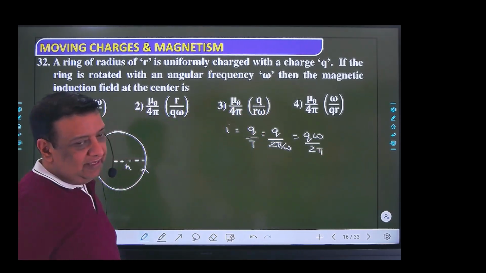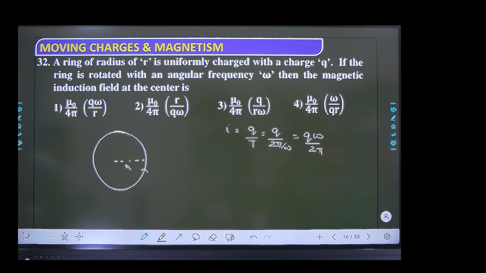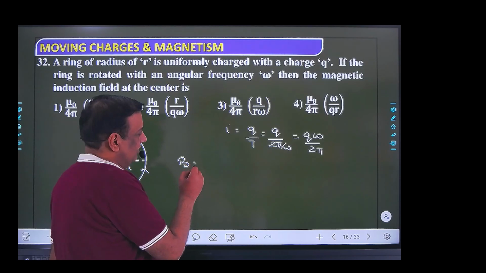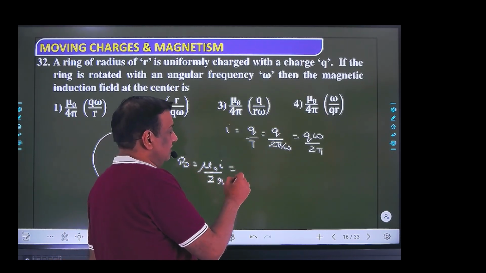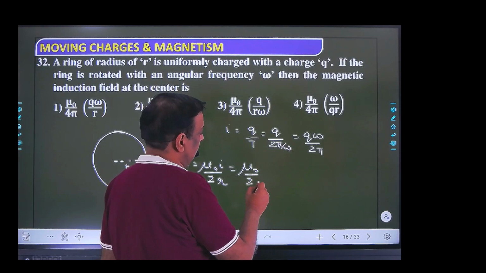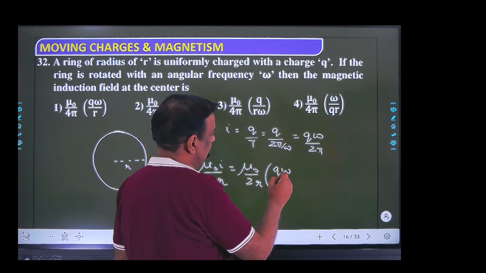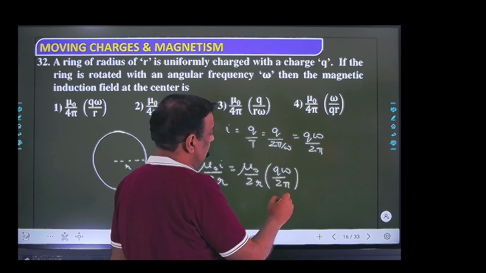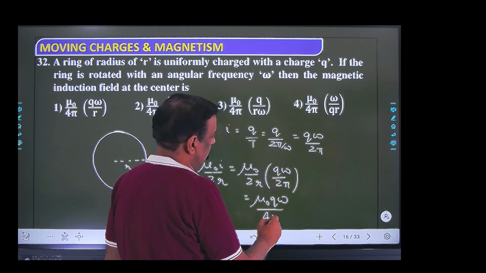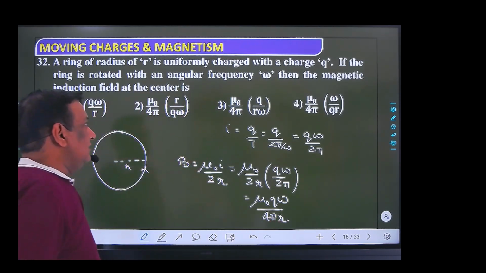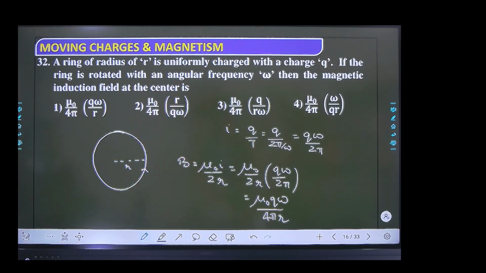So charged particle अगर angular velocity omega से move करेगा, current is q omega by 2 pi. The magnetic field intensity at the center of circular coil is mu naught I by 2 r, I is q omega by 2 pi. So mu naught q omega on 2 pi, 4 pi r. C part.